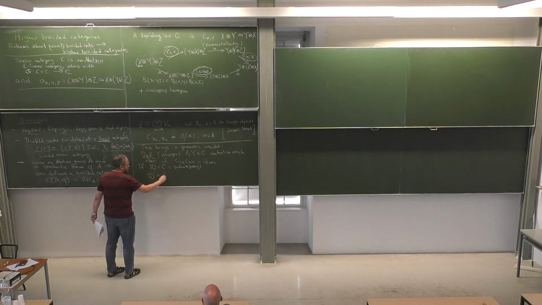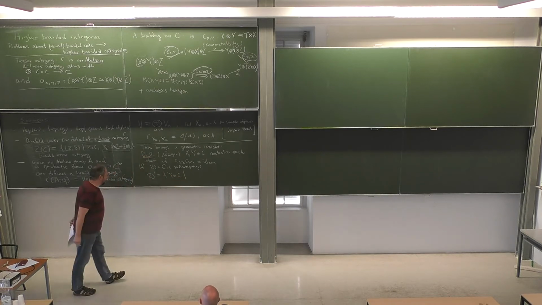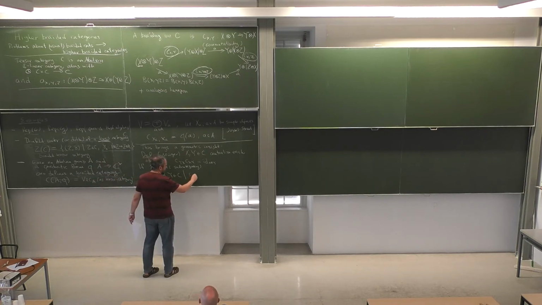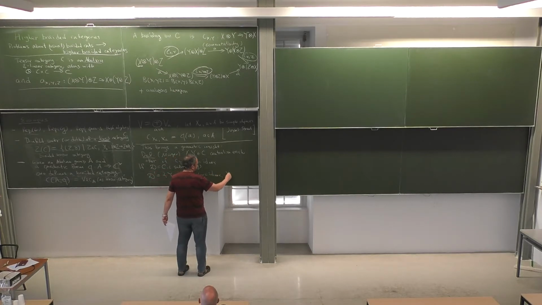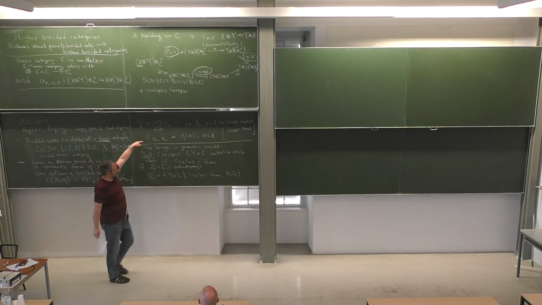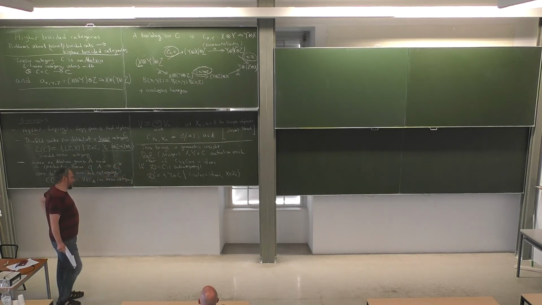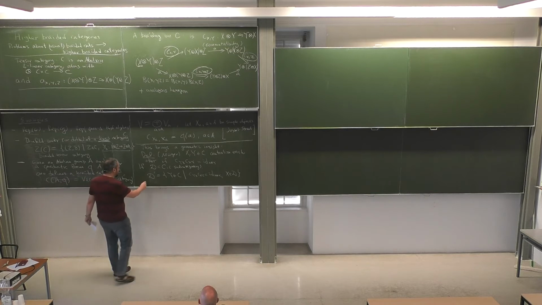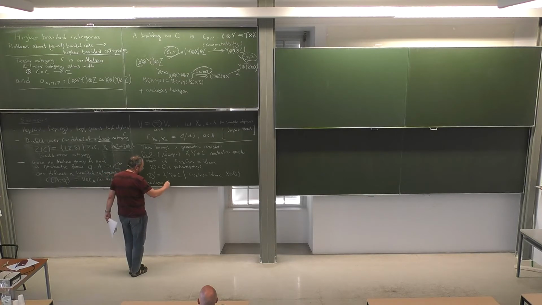Take D prime to be a subcategory consisting of all Y in C with the condition that all these Y's centralize objects of D. Again, if you keep in mind this example with a quadratic form, that is precisely the orthogonal subspace corresponding to a subspace, right? So this is called the centralizer, and it's an analog of orthogonal complement.